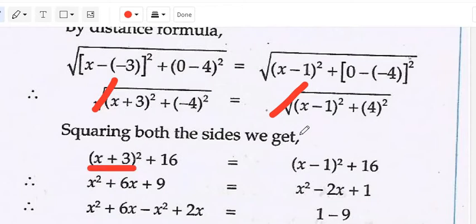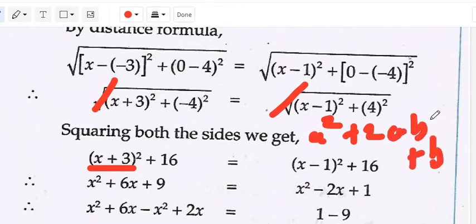Now this is a plus b whole square. What is the formula? a square plus 2ab plus b square. Now a square means x square, plus 2ab means 2 into x into 3, that is 6x, plus 3 square is 9.